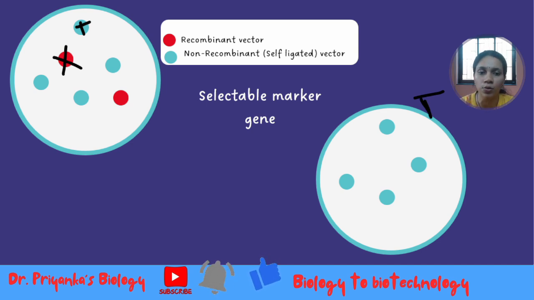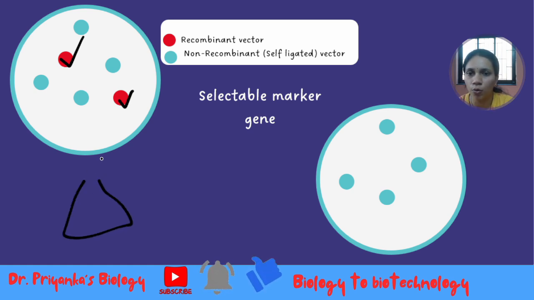So we can easily pick up the recombinants from the master plate or the original plate, and then grow them separately, so that we will have a culture of only the recombinant transformants. This is how we can use replica plating for selection of the recombinants from the non-recombinants.